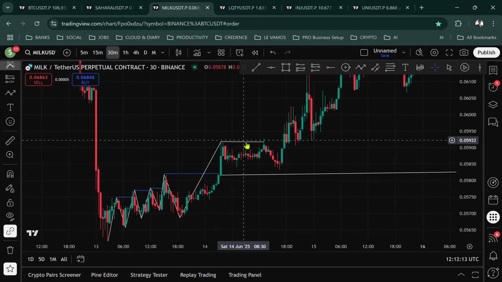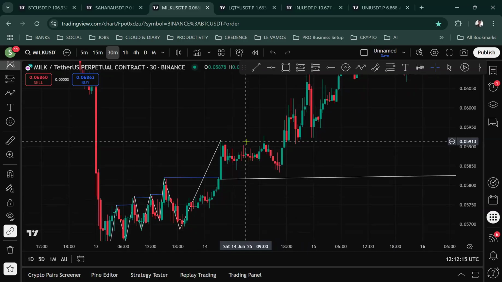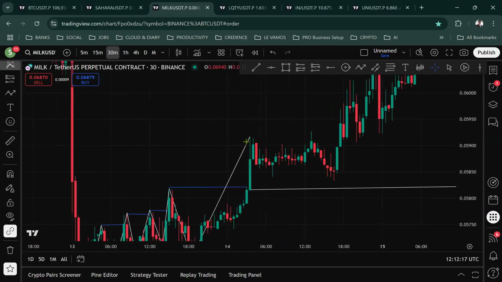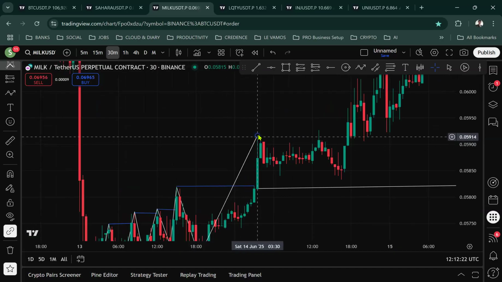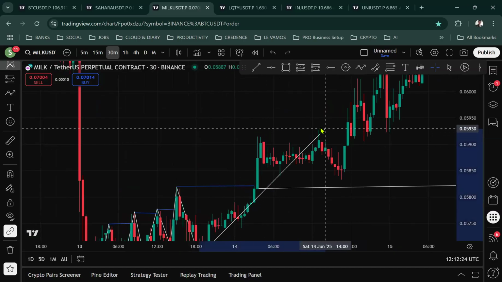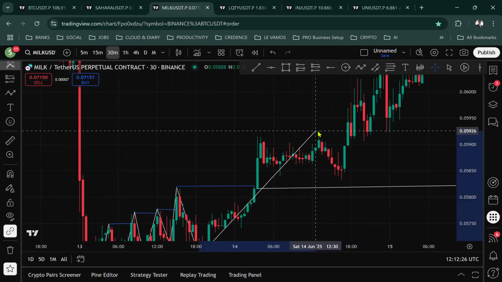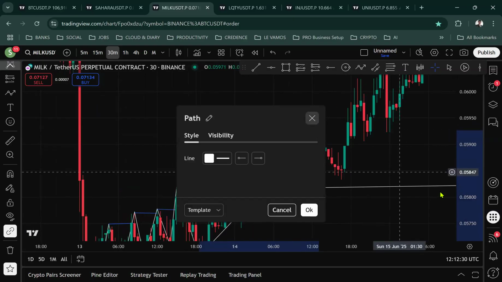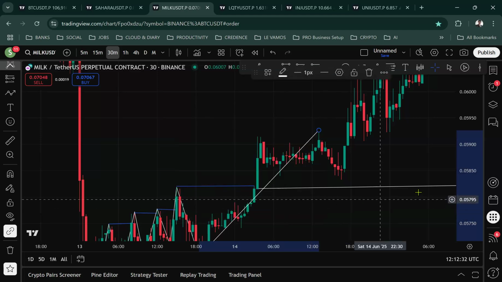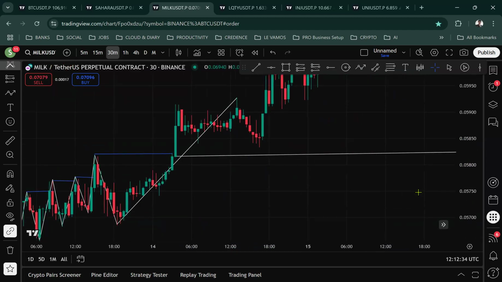Let me check. Ah, yeah. So, I mean, this one, right? Exactly. Yes, you are absolutely right. So in this case, this is the next valid pullback.